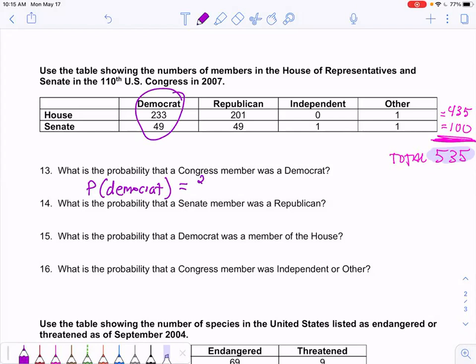So in the House, yeah, 233 plus the 49, and that's going to be over the total, 535. 233 plus 49. Good. 282, all over 535. And then what does that reduce to? It doesn't reduce? No. Well, rock and roll.